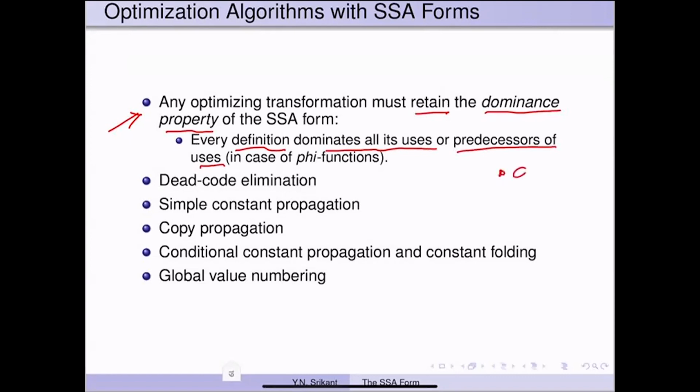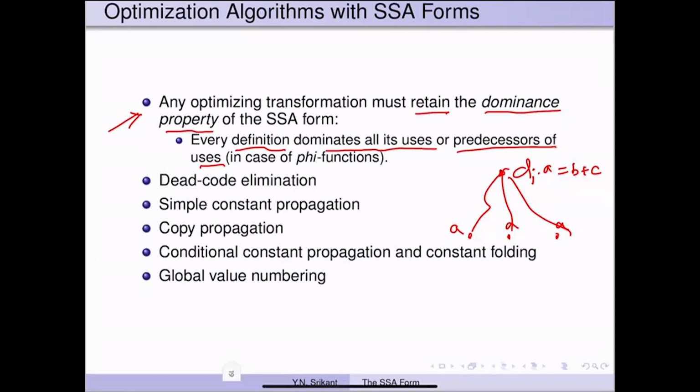So here is a definition D1, which says A equal to B plus C, and whatever users of A we have here, this node will dominate all these three nodes. That's what we are saying.